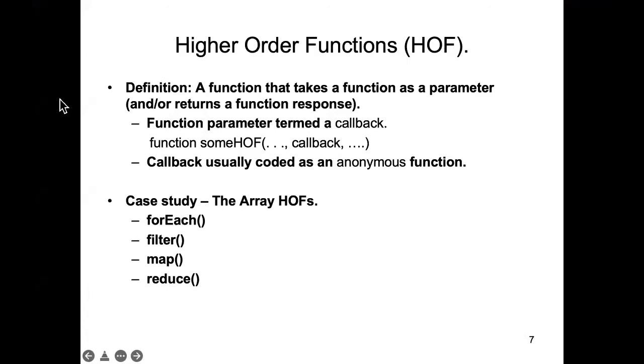If you remember, a higher order function is a function that takes another function as a parameter. So we have the main function and we have the function parameter. The function parameter we refer to as a callback. So the main function invokes or calls the callback at some stage within its body.